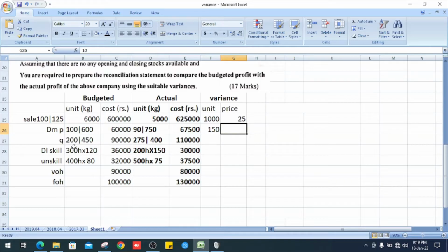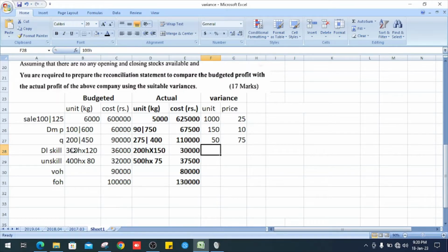In price it is budgeted 100, actually it is 90, so the difference is 10. For Q, units are 450 budgeted and 400 actual, so the difference is 50. The unit price is 200 budgeted and 275 actual, a difference of 75.